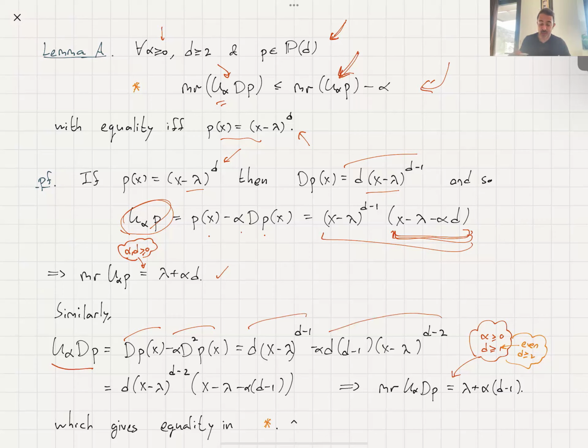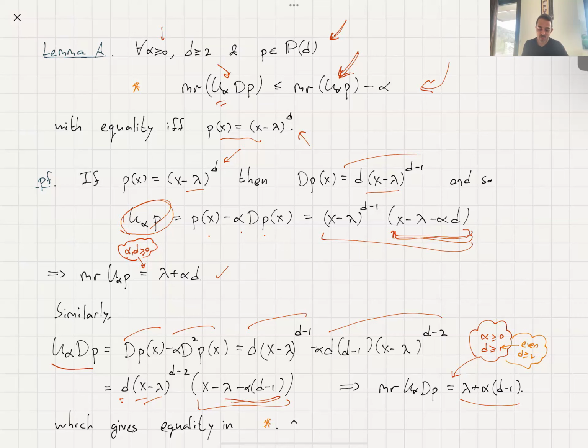And again, you can pull out now d minus 2 factors of x minus lambda. You can also pull out the d, and you will be left with this thing. And again, the max root is either lambda or lambda plus alpha d minus 1. And it is lambda plus alpha d minus 1 because alpha is larger or equal than 0, and d is at least 2, even at least 1 would be enough.